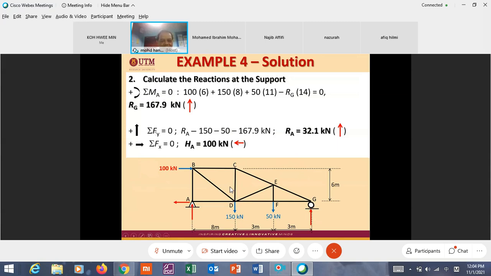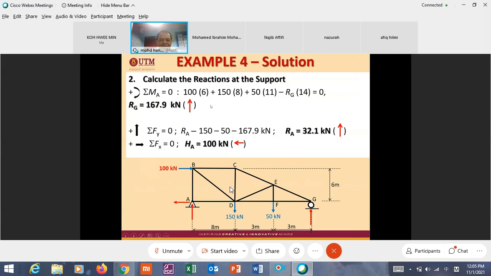Equation 1 is the moment equation, and equations 2 and 3 are for force. For the reactions at the supports, we consider the whole structure as one rigid body.